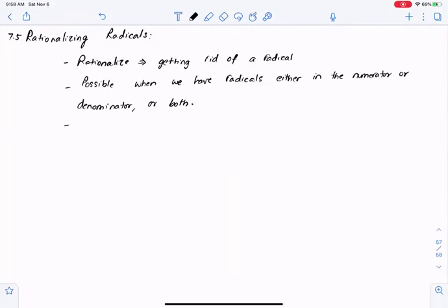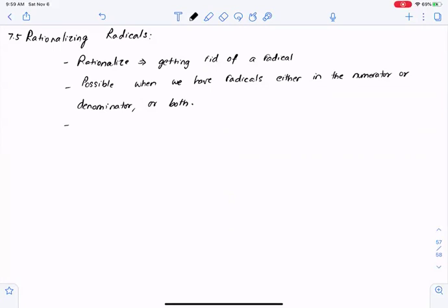And anytime we rationalize, it is not always possible to get rid of the radical completely. Because if we try to rationalize the numerator, the denominator might have a radical introduced. If we rationalize the denominator, the numerator might have a radical introduced.